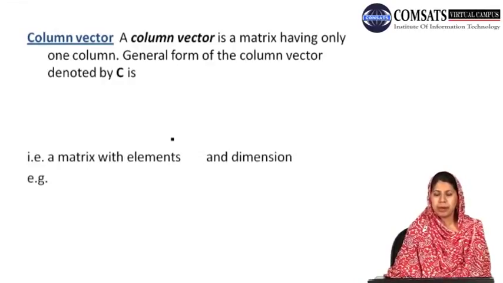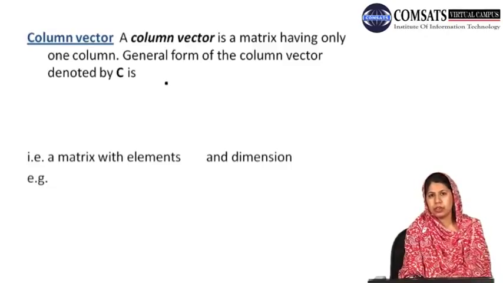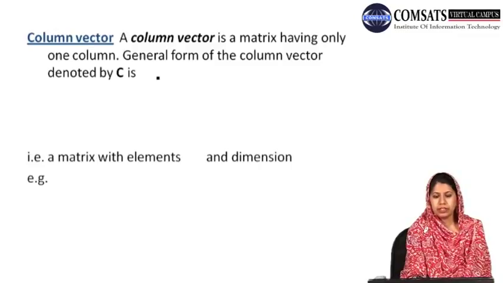So a column vector is a matrix having only one column, and the general form of the column vector, denoted by capital C because it is the column vector, is C11, C21, and so on up to Cm1.